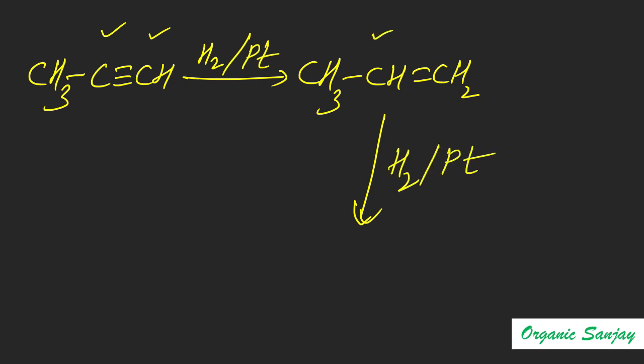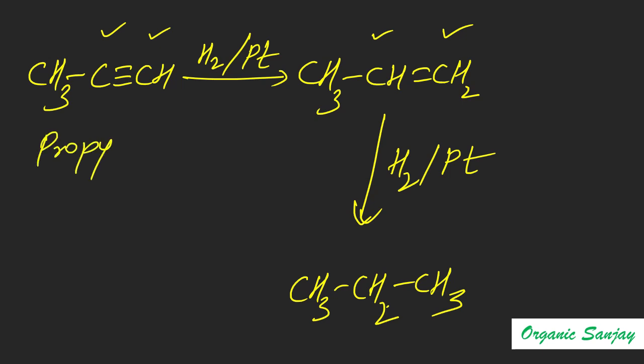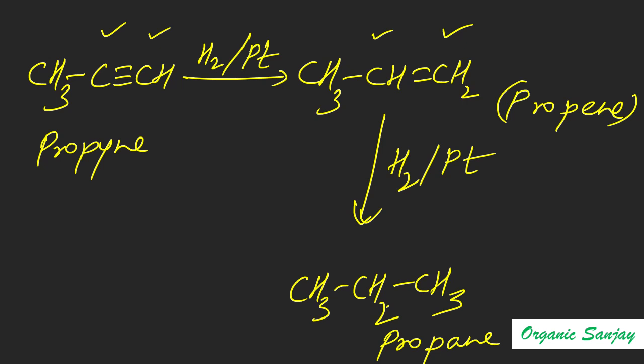One hydrogen will add here, another hydrogen will add here, and it will give CH3 CH2 CH3. Finally it gives alkane. So propyne converts into propene, and finally into propane. I hope you understand.